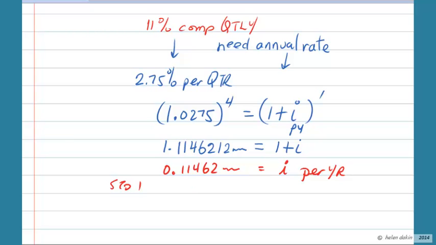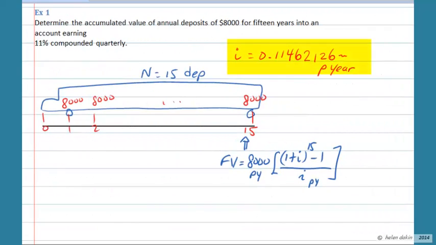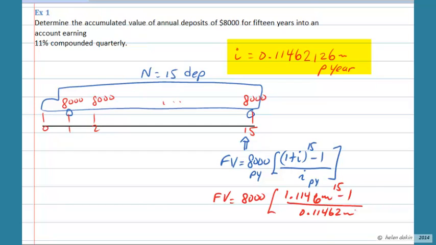And so now that we have the equivalent annual interest rate, we can substitute directly into the formula and compute the final value. So the final value is equal to $8,000 per year multiplied by the annuity factor of 1.11462 and so on, power of positive 15, take away 1, divided by 0.11462 and so on per year.